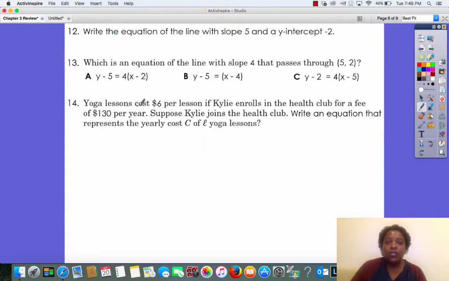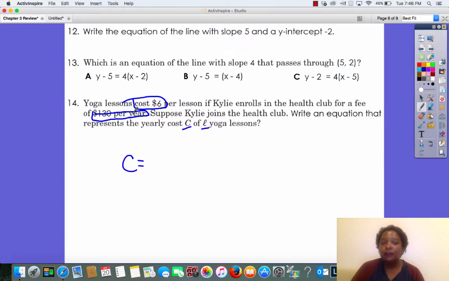Nice. Number 14, let's bring equations into real life. Yoga lessons cost $6, and I'm going to underline stuff as we go through, per lesson if Kylie enrolls in a health club for a fee of $130 per year. Suppose Kylie joins the health club. Write an equation that represents the yearly cost C of L yoga lessons. Alright, so the cost we know is $130 per year regardless of how many yoga lessons Kylie takes.